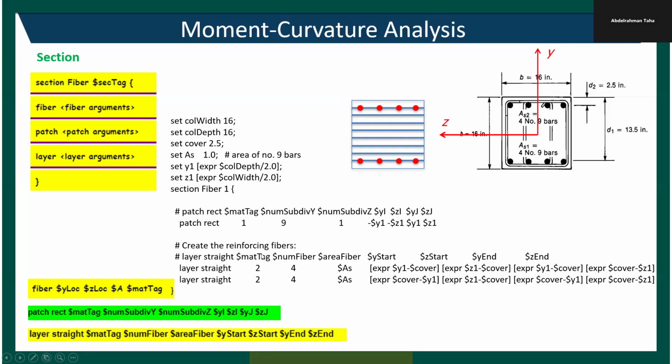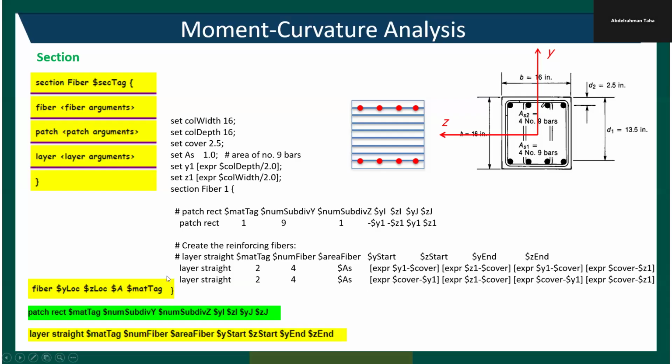Now, for the reinforcing bars, in this case, we're using the layer straight, the material tag, the steel material, and then the number of fibers, 4, and then the cross-sectional area of the fiber that we already defined, and then the coordinates of the first and last nodes. So this would be the y and z coordinate of the first node and the y and z coordinate of the last node.